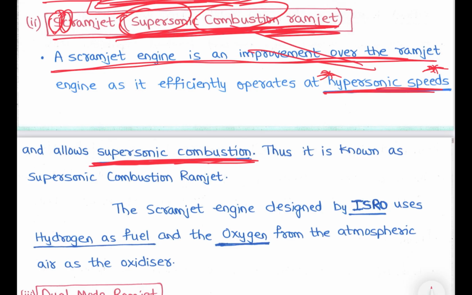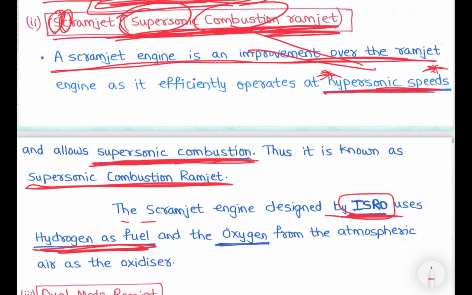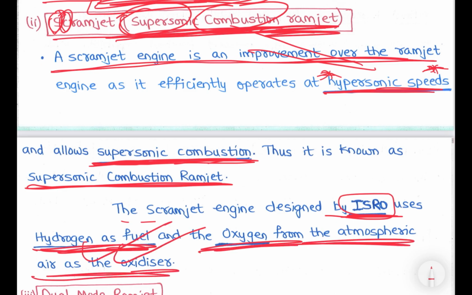Thus it is known as supersonic combustion ramjet. The scramjet engine designed by ISRO uses hydrogen as a fuel and oxygen from the atmospheric air as the oxidizer. So hydrogen लेके जाएगी, हवा से ऑक्सीजन को यूज करेगी एज एन ऑक्सीडाइजर.